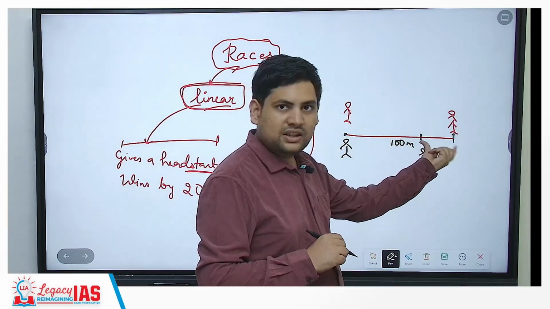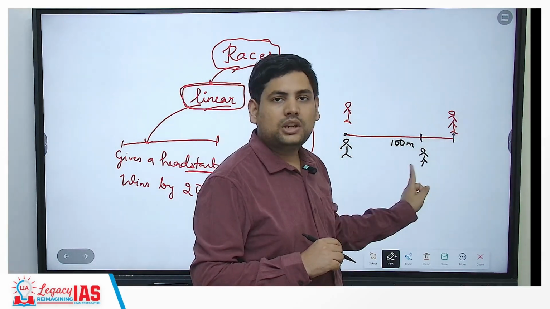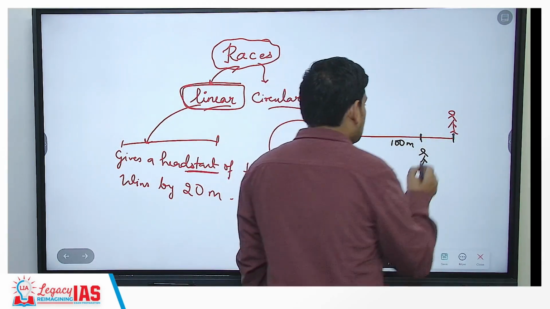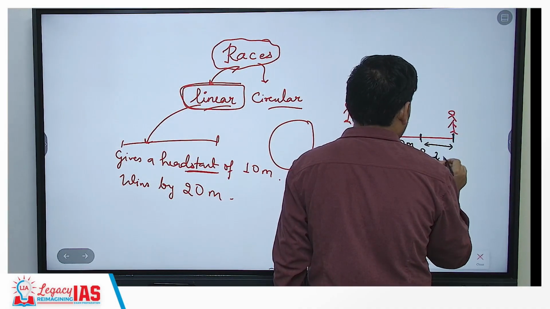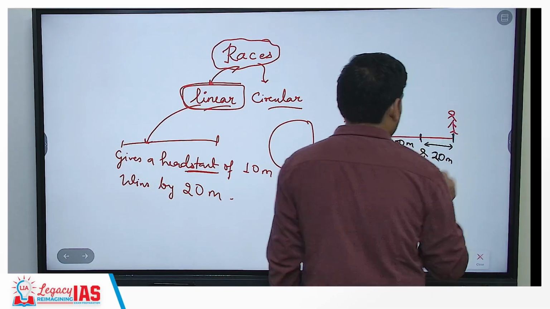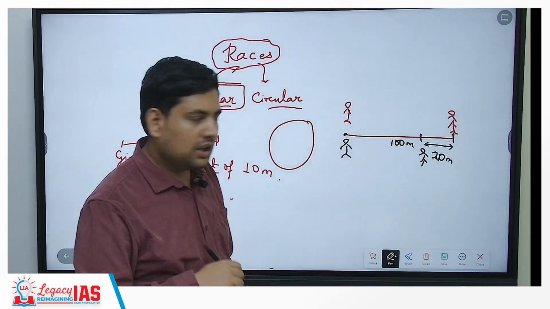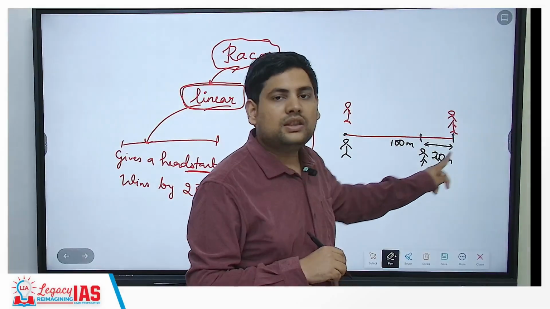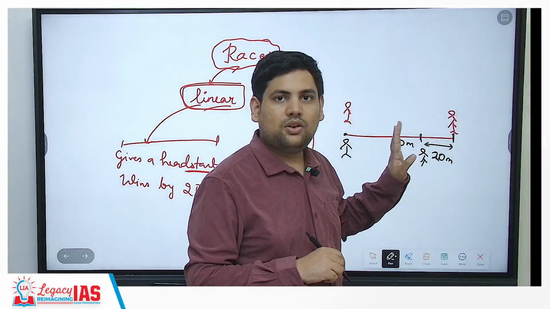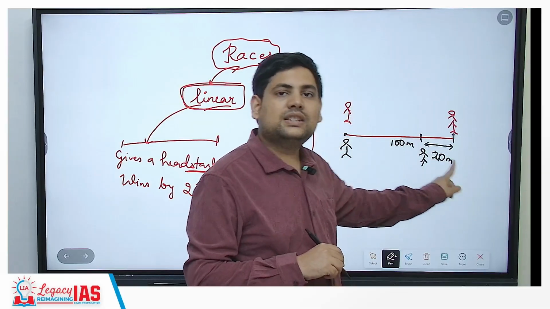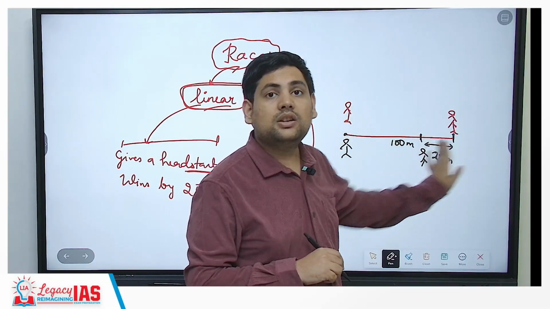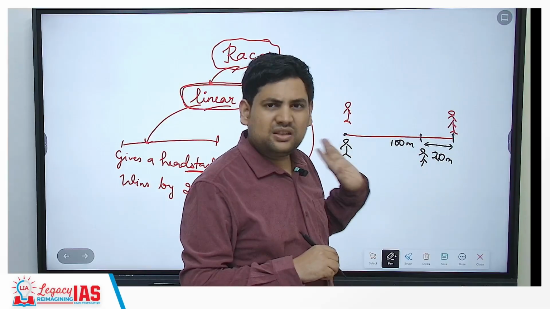Whatever is this distance when red has completed and black is left behind, let's say this is 20 meters. Then what you will write? You will write that red won the race by 20 meters, or when red crosses the finish line, black is still 20 meters behind.